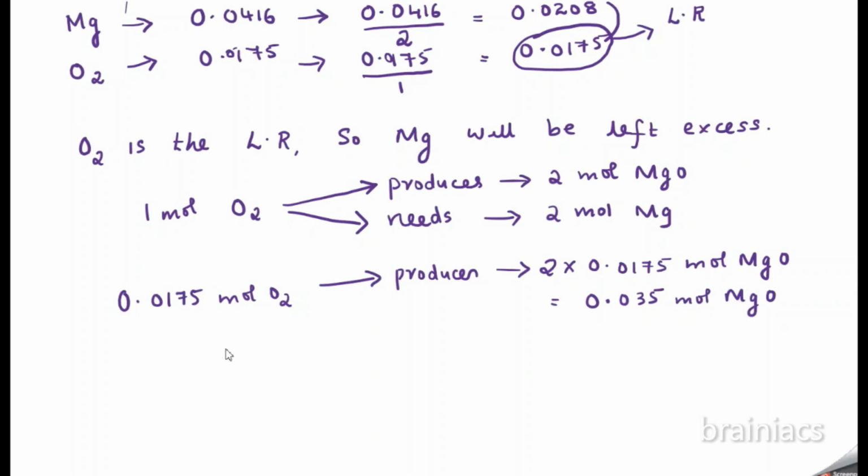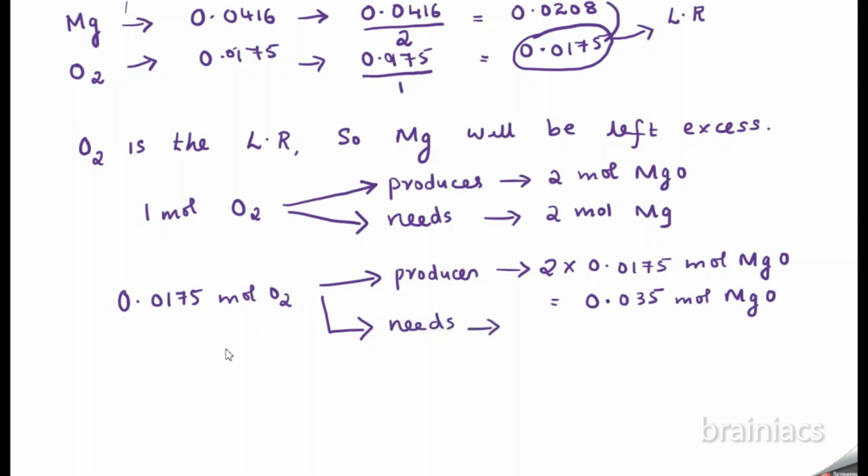They are asking how much magnesium is left excess. Okay. So we will calculate how much magnesium is used in the reaction. So we know that 0.0175 mole of O2, correct, is used. So that means 1 mole O2 needs 2 mole magnesium. Now tell me 0.0175 mole O2 needs how much? 1 mole is requiring that.